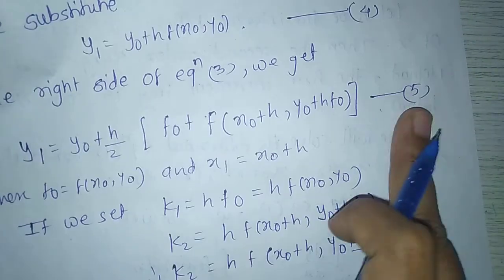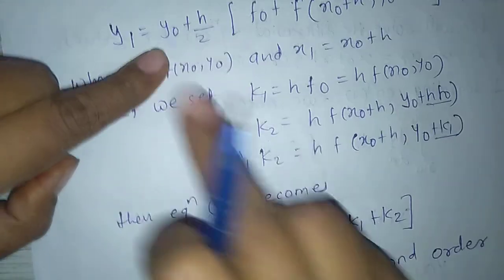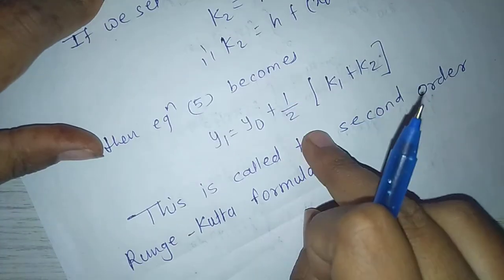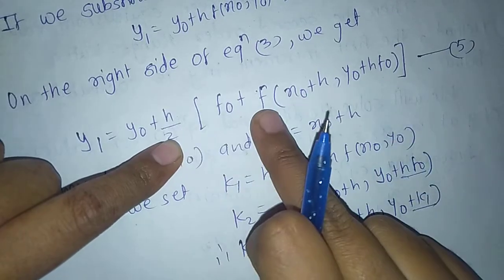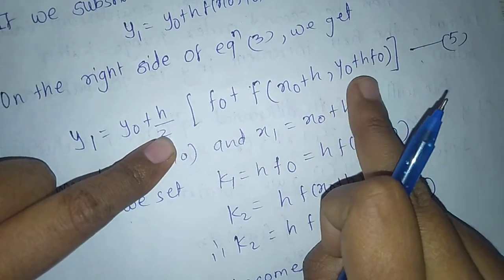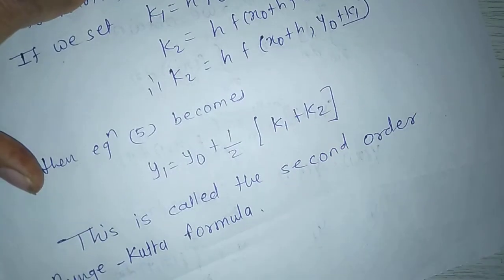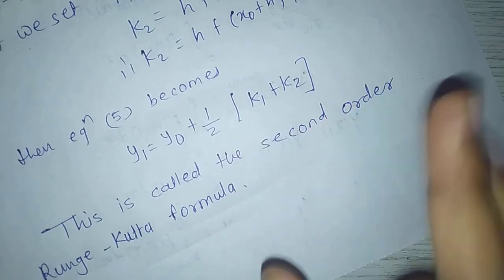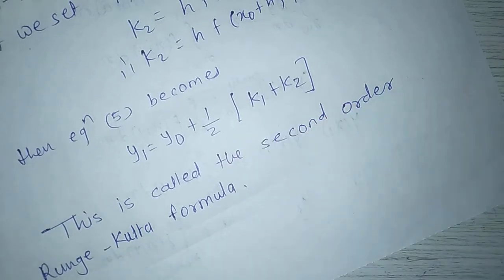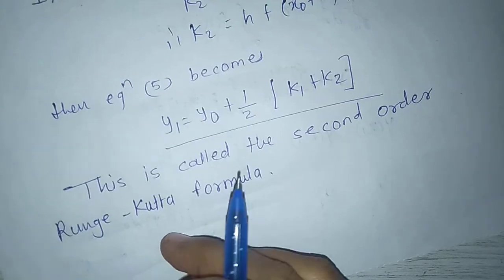Then equation 5 becomes y1 equal to y naught plus 1 half of h f naught, which is k1, plus h into f of x naught plus h, y naught plus h f naught, which is k2, plus k2. So, y1 equal to y naught plus 1 half of k1 plus k2. This is called the second order Runge-Kutta formula.